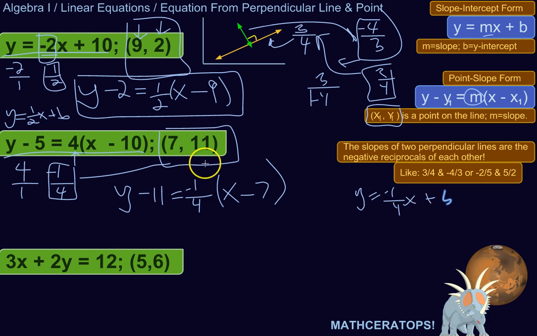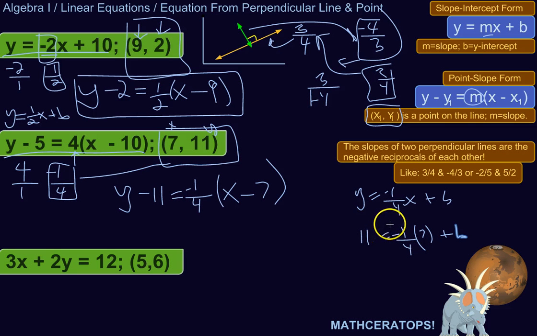Now this point has to be on this line, so I can plug in this x and y, where I see x and y in the equation. So y, or in this case 11, equals negative 1/4 x, which in this case is 7, plus b. Now this is going to be a little messy.